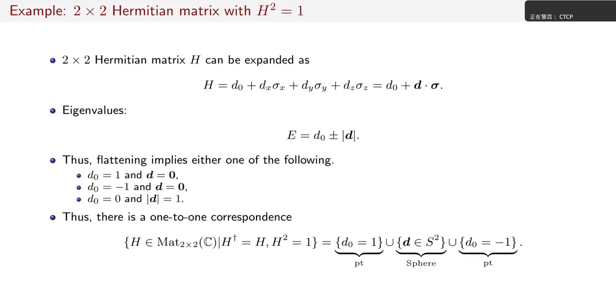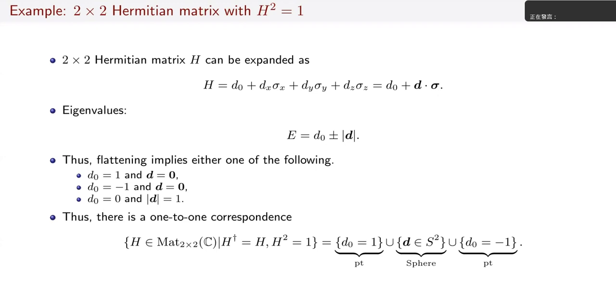Okay, so this is an example of the space of a Hermitian matrix that I already discussed in the previous lecture. But let me repeat some points. A 2 by 2 Hermitian matrix can be expanded in this way. Here d0, dx, dy, dz are real, and sigma is the Pauli matrix.